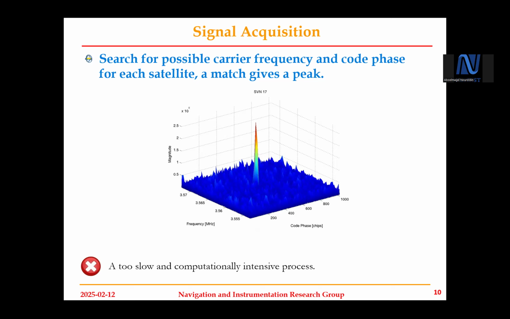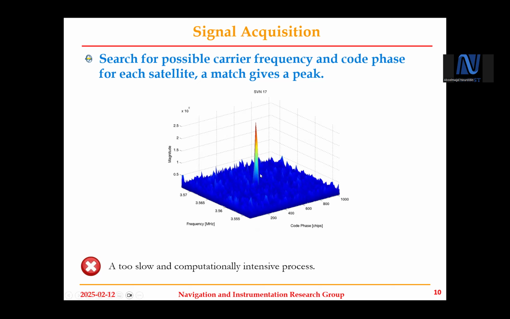When I multiply the two cosines, I get the cosine of the difference. When the difference is very small, if my estimation is good, that cosine of zero or of a small amount will be 1. So I get rid of that and I keep only the navigation message and the code. And since I know which code this is, I can also remove it. That's why I need to estimate both the code phase and the frequency.